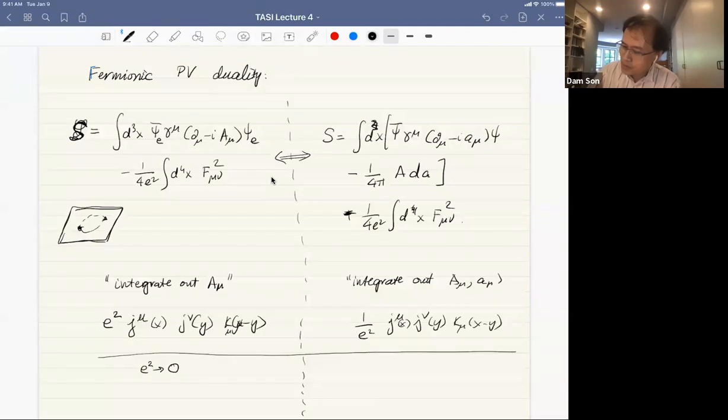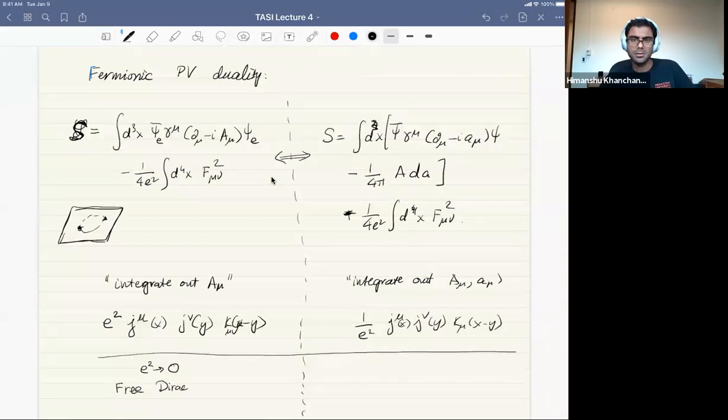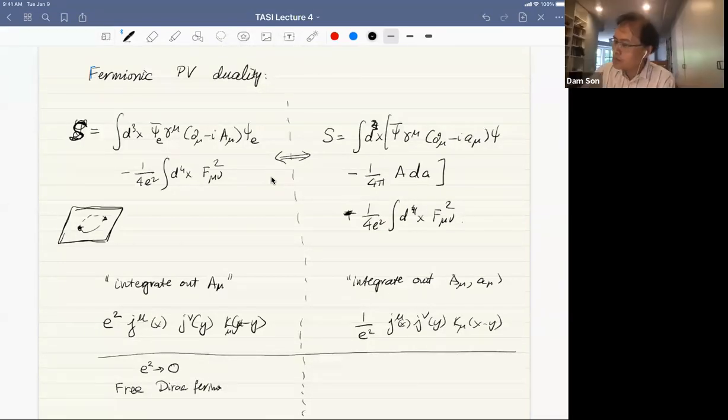On this side we have a theory, basically a free Dirac fermion. On the other side we just have the Lagrangian of psi coupled to a field, and then minus 1 over 4 pi AdA.